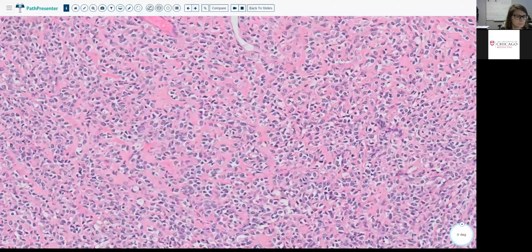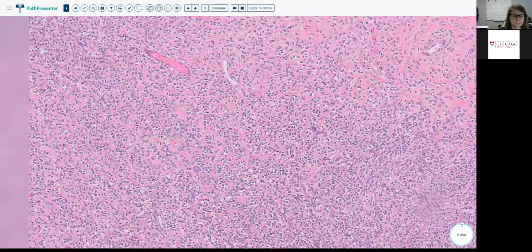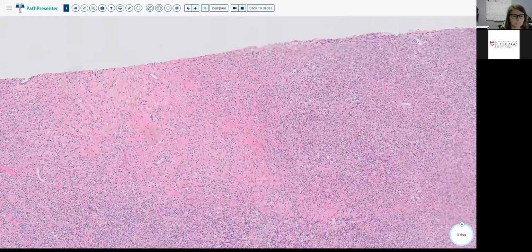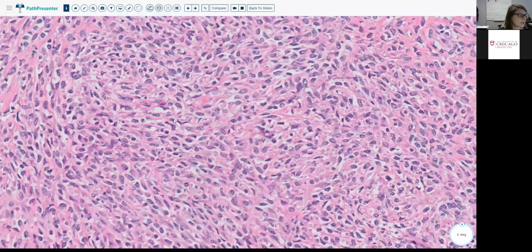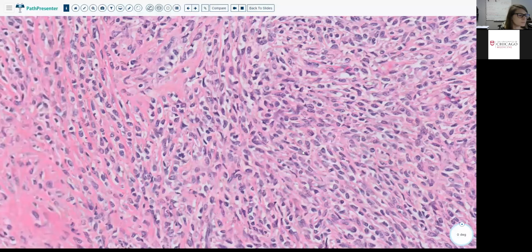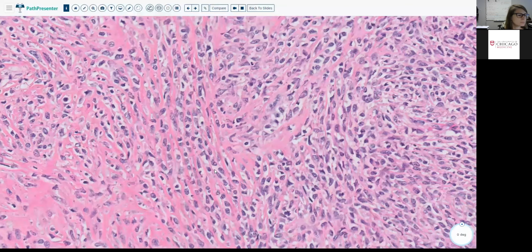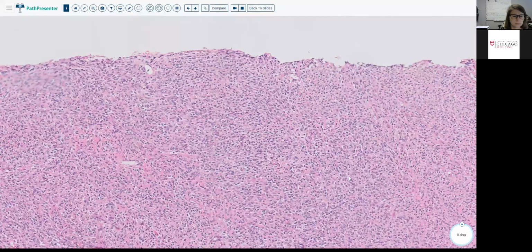As far as lineage goes, I'm not sure if vacuolization is the right way to describe it, but do you see what I mean on the left-hand side where there's a little more clearing? Yeah, I would probably say at least cytoplasmic clearing. Could this be a monophasic synovial sarcoma?